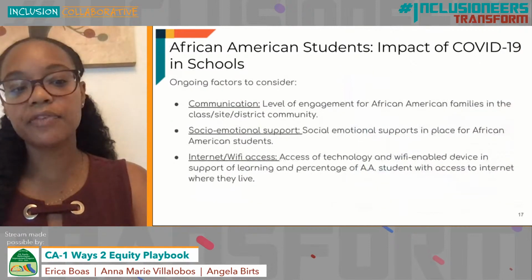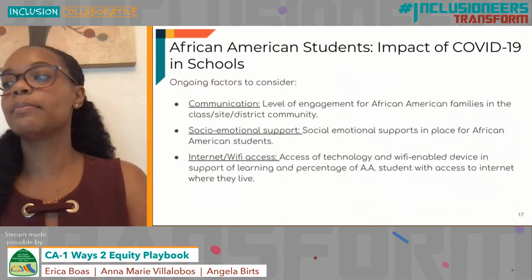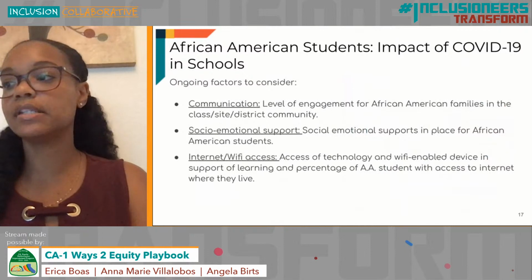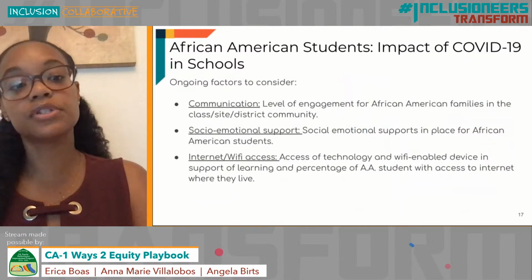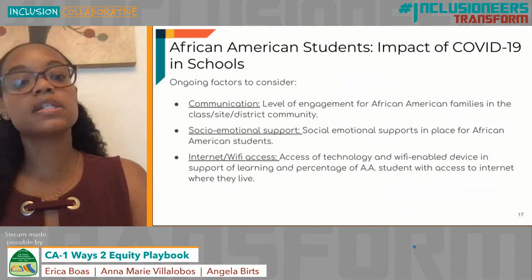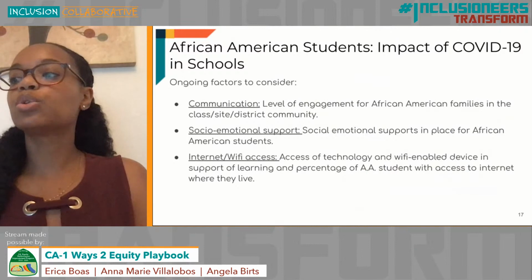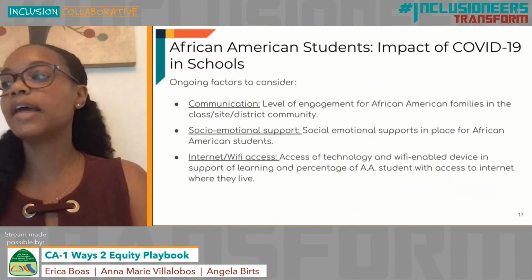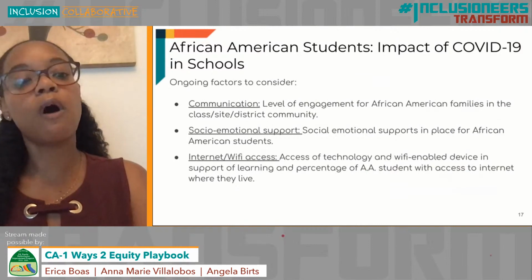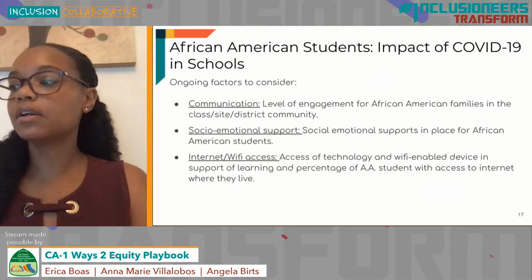As it relates to African American students, it is important to consider what efforts were made prior to COVID-19 to address the needs of the students and their families. Attempts such as to solicit the voice of African American students and families, provide social emotional support, and provide access to technology will always be ongoing for African American students and for students of color.